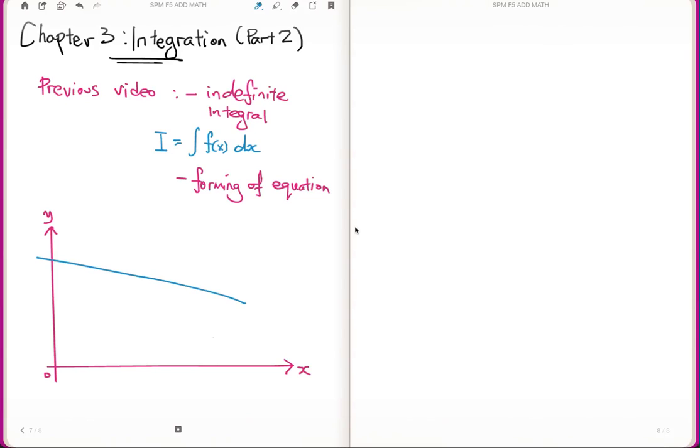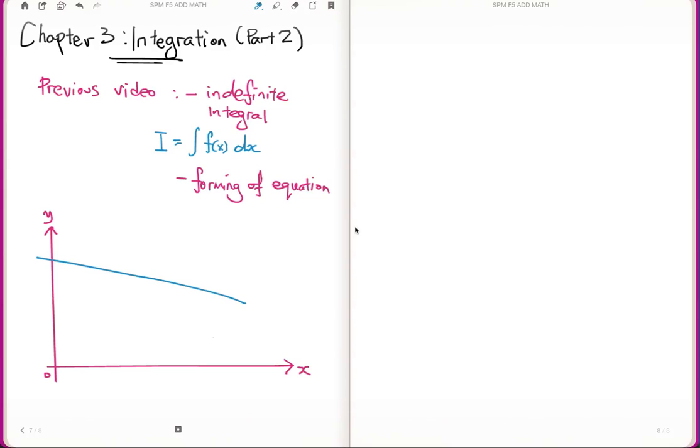Now this is the second part of my Form 5 Chapter 3 integration. Last part, part 2. If you have never seen my part 1 and you want to learn about integration, it's advised to stop this video and go back to part 1 so that you will get the concept right before proceeding into part 2.